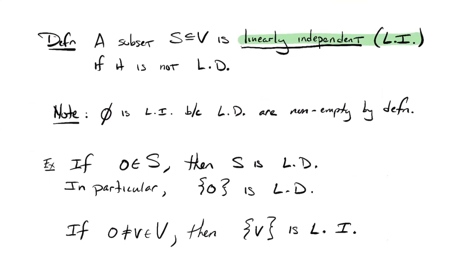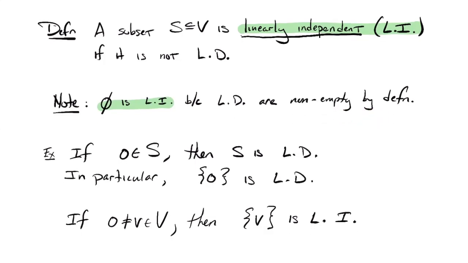The empty set is linearly independent because it's not linearly dependent, because linearly dependent sets were required to be non-empty. So technically speaking, the empty set is a linearly independent set. It'll fit later on; I can come back and show why that's a nice idea.